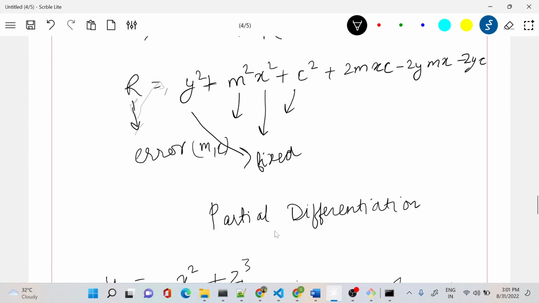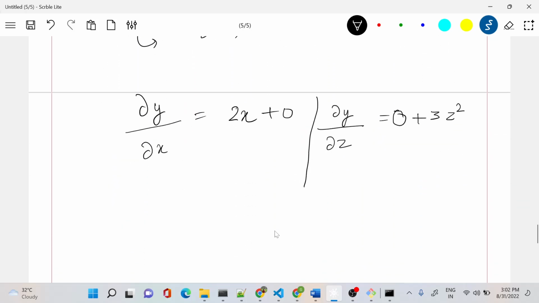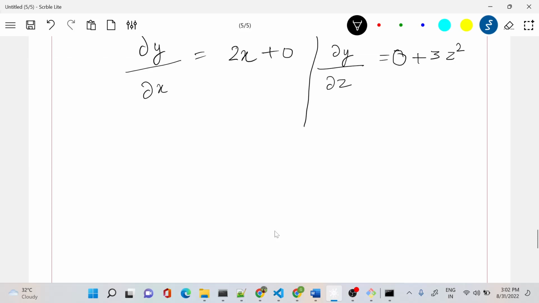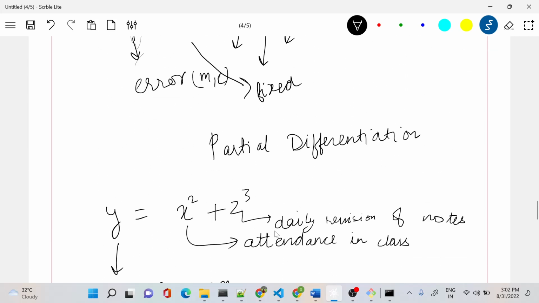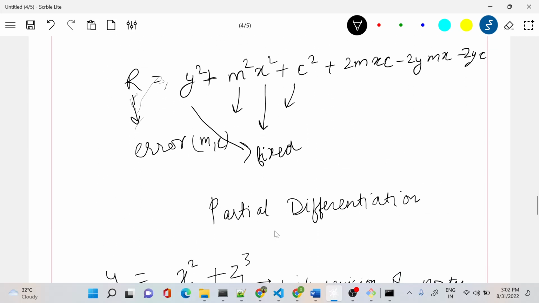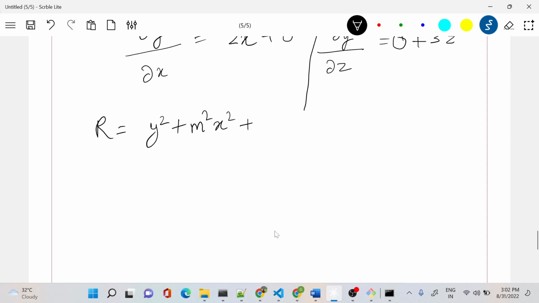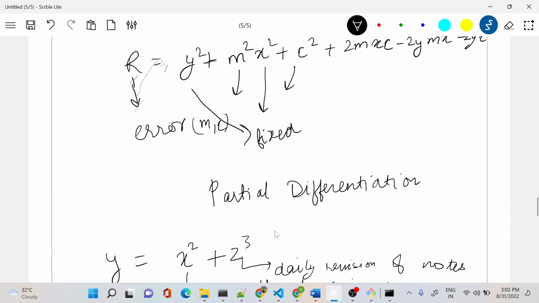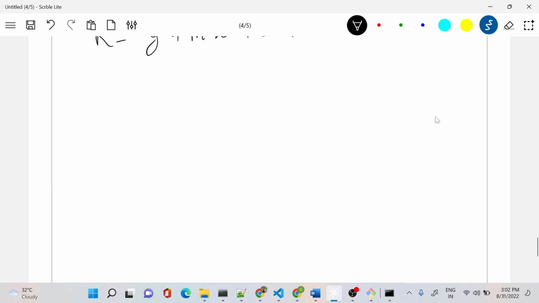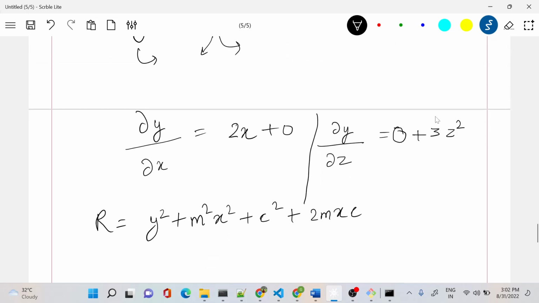So if we write this equation again, R equals y square plus m square x square plus c square plus 2mxc minus 2ymx minus 2yc.